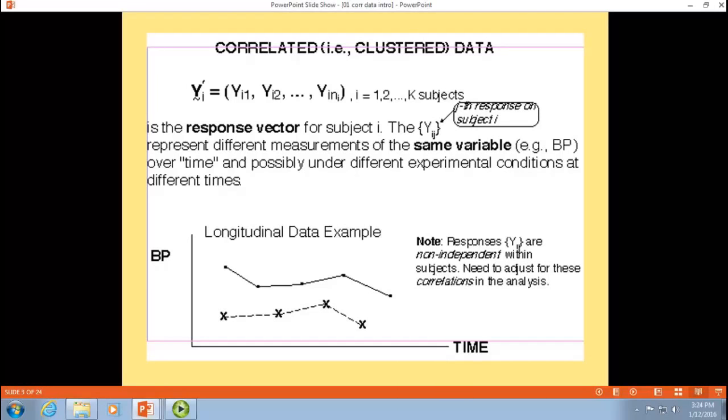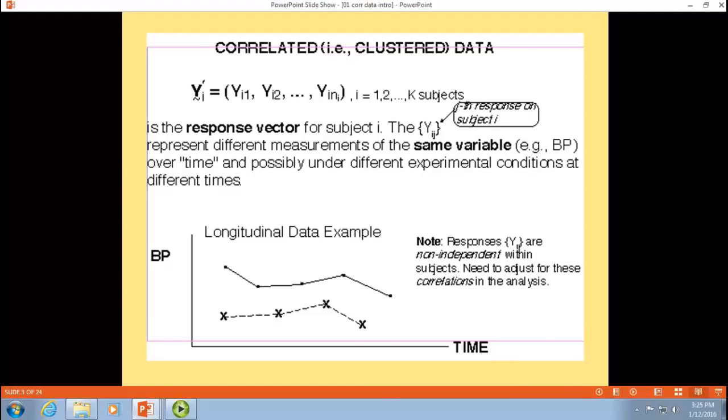You can use whatever notation you want, but I'm going to be using the notation K for the number of clusters. If we're talking about subjects which have repeated measures, there will be K subjects, and the ith one is the ith cluster within those K subjects.